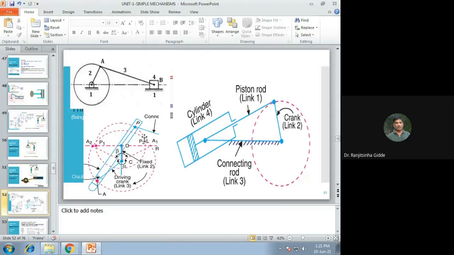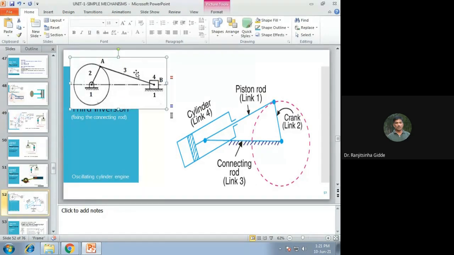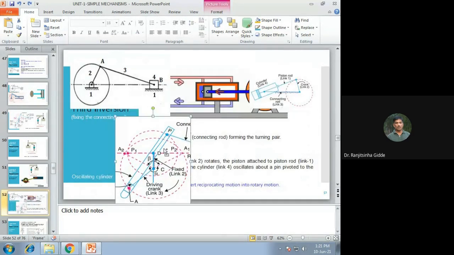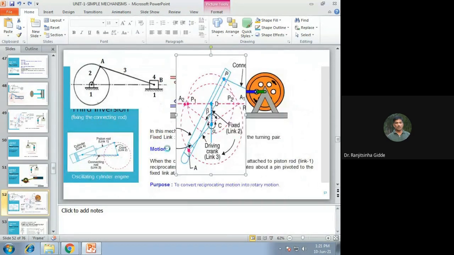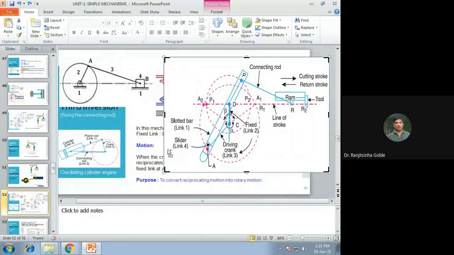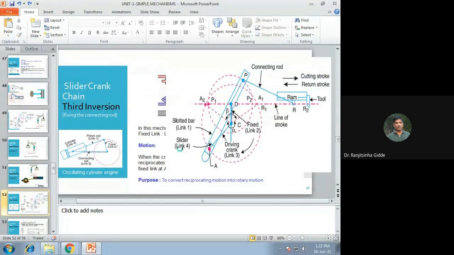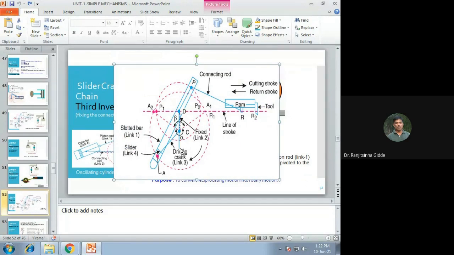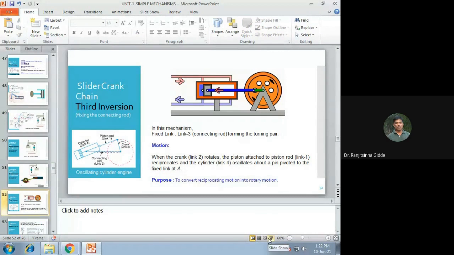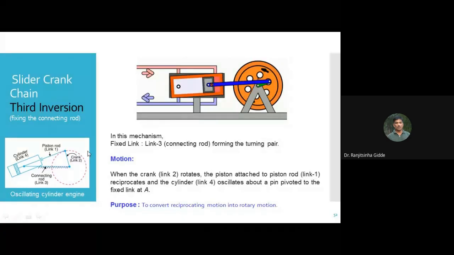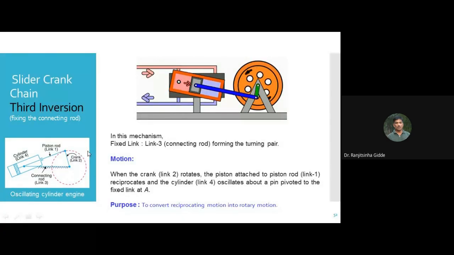Now I will remove those figures. Okay, now this is the third inversion in which the connecting rod is fixed. Here in this mechanism link 3, that is the connecting rod, forms the turning pair.